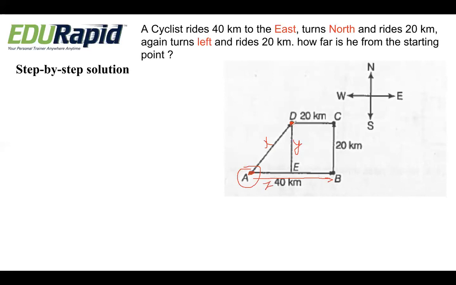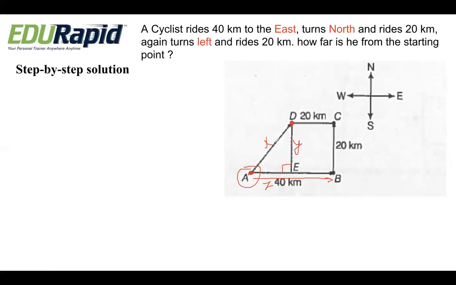Here you can draw a straight line and this becomes a square and this becomes a triangle. Let me give you a quick rundown of triangles. This type of triangle is called a right angled triangle because this angle is 90 degrees, right?